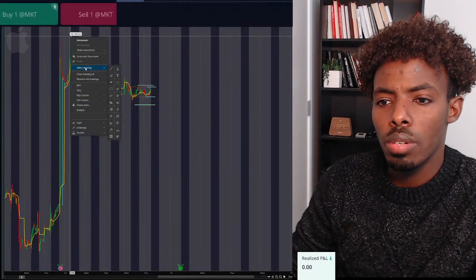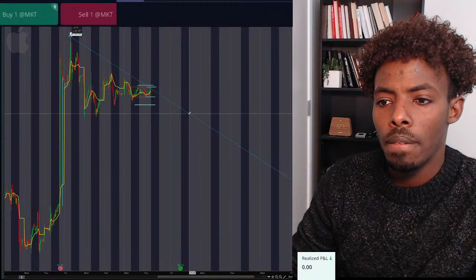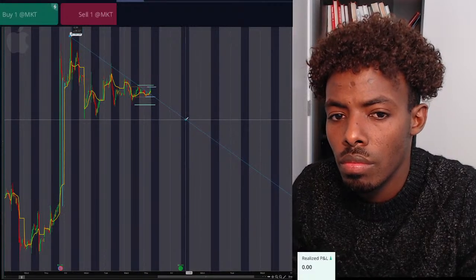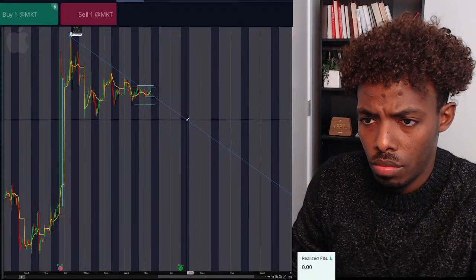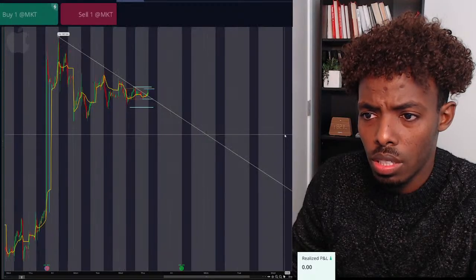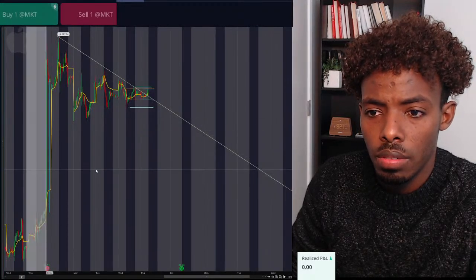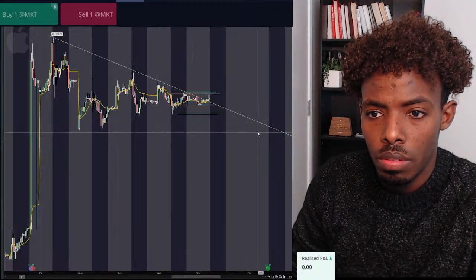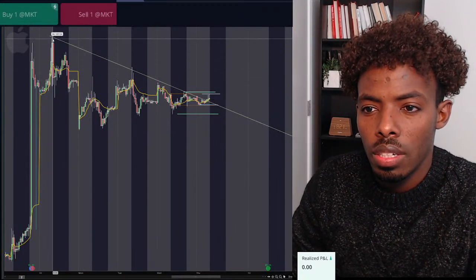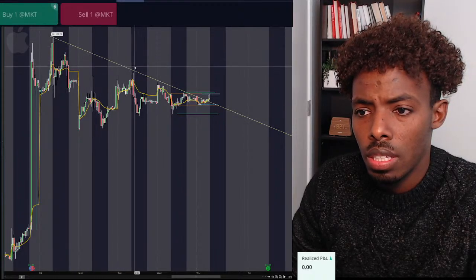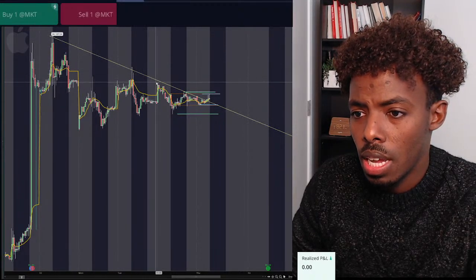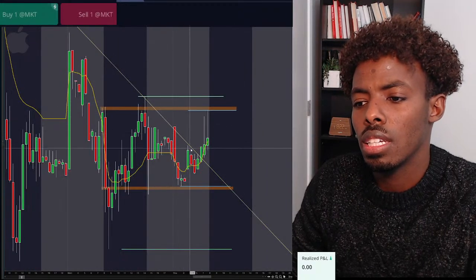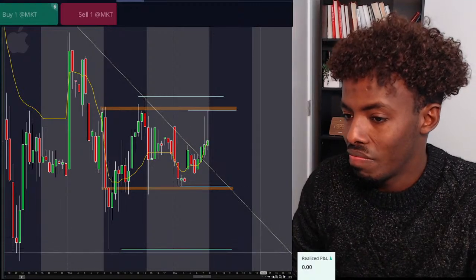Let me zoom this in a little bit better. So any trend here? There's a tap. It went outside of the tap. It's here and here, so not too strong.